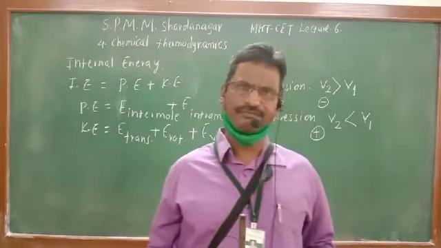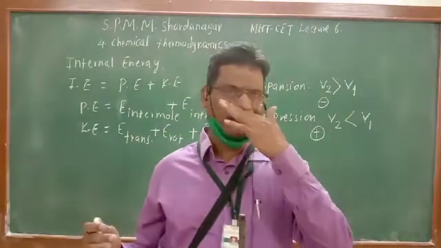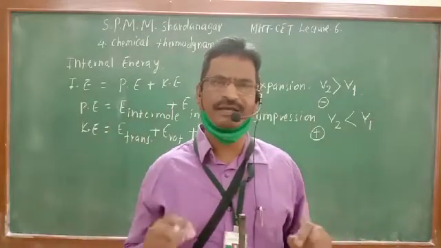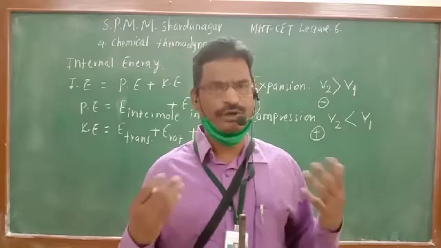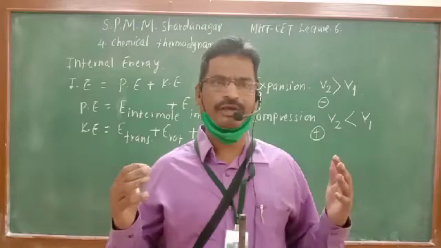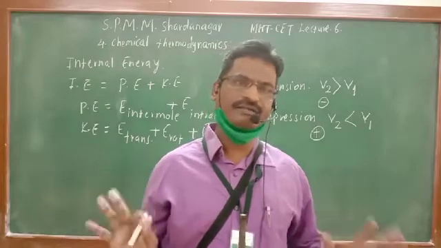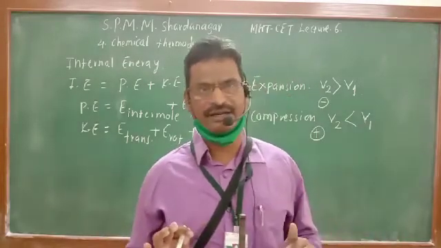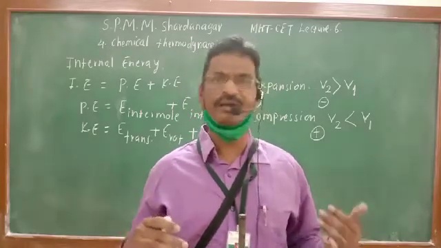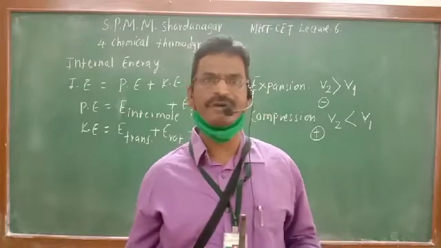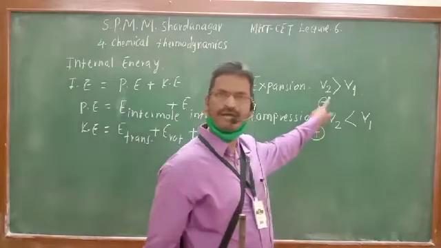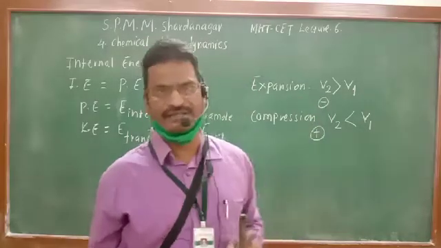In that manner, internal energy due to expansion decreases, internal energy due to compression increases, and we know that plus delta U is increase in internal energy, minus delta U is decrease in internal energy, plus Q is heat absorbed by the system, minus Q is heat lost by the system, plus W is work of compression, minus W is work of expansion.